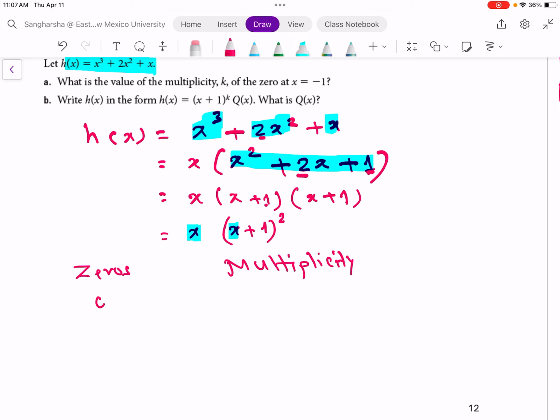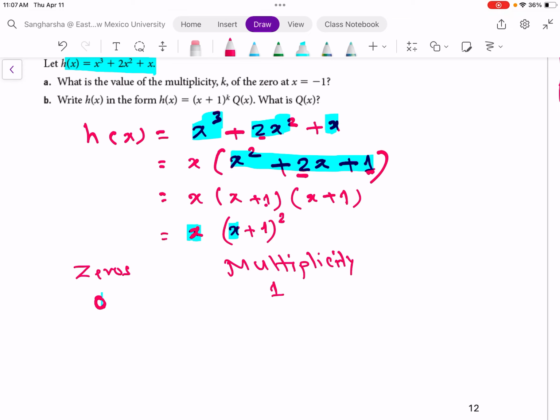So 0 is a 0 for this function. Now how many times is this factor x repeated? It means, what is the exponent of this factor? It is 1, right? So 1 is the multiplicity.